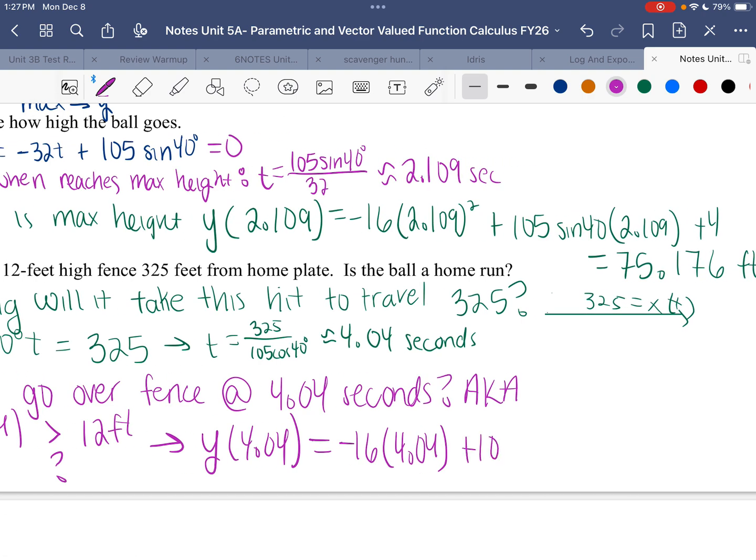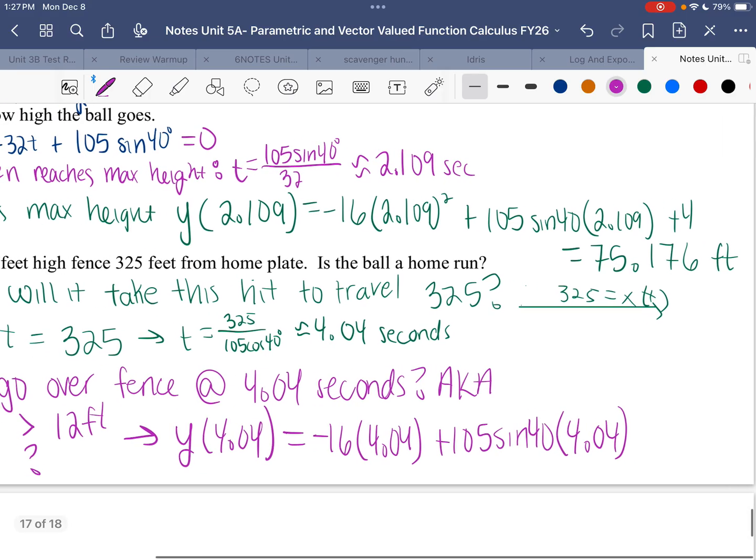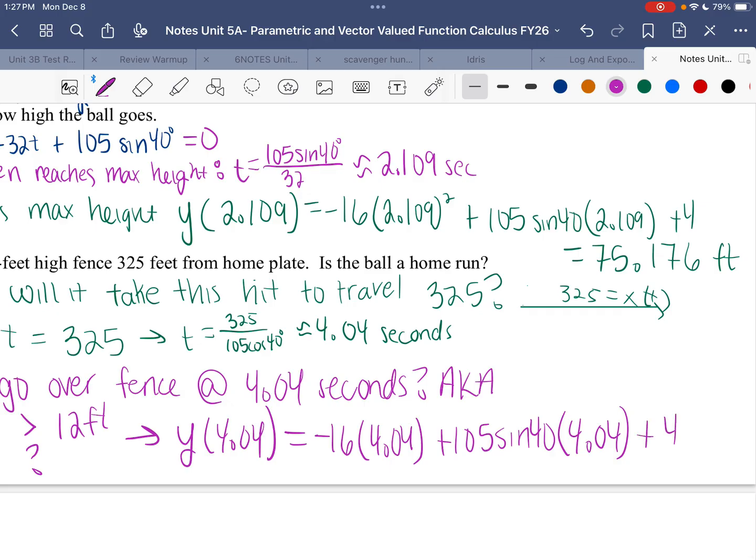Again, you can definitely use Desmos for this usually. I'm just substituting it in so that if you look back at it later, future you is not confused where these numbers are coming from. All right, you get 15.49 feet. Yes, it's a home run.